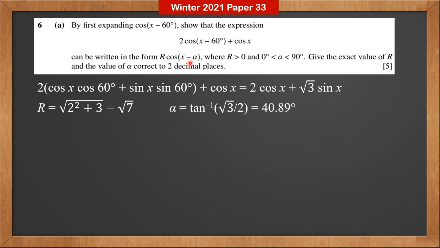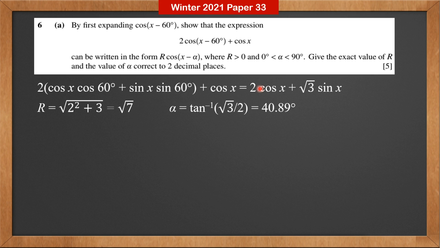Cosine(a - b) is cosine a cosine b plus sine a sine b. If you reverse this and write it as root 3 sine x plus 2 cosine x, then it's not going to be the same as in here.